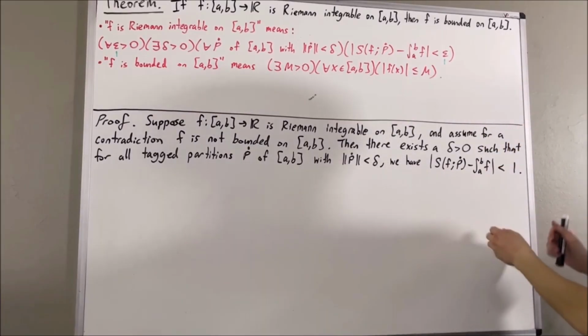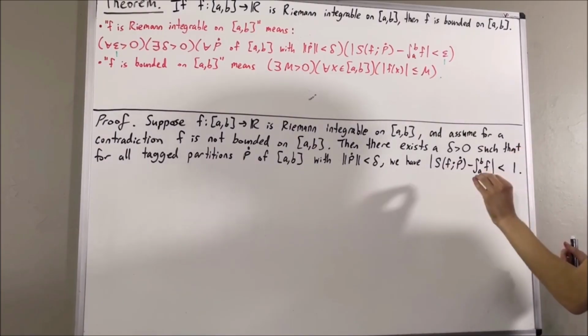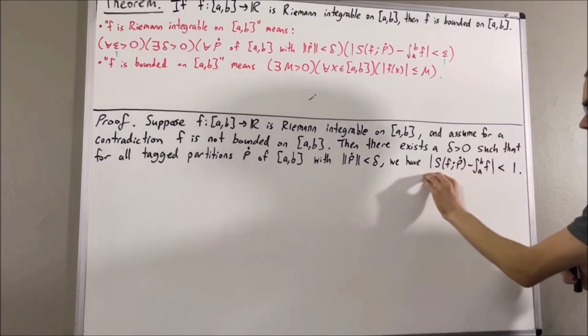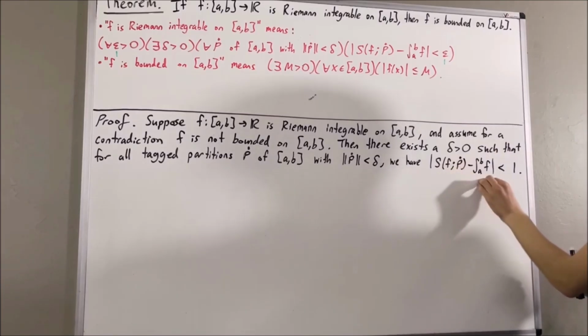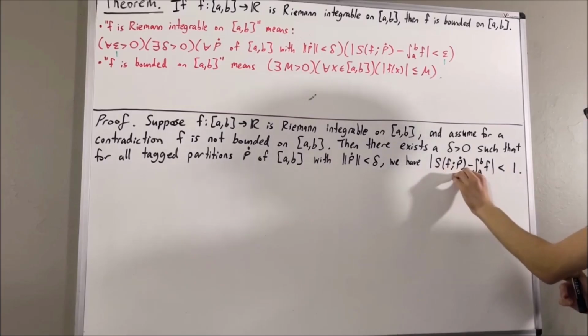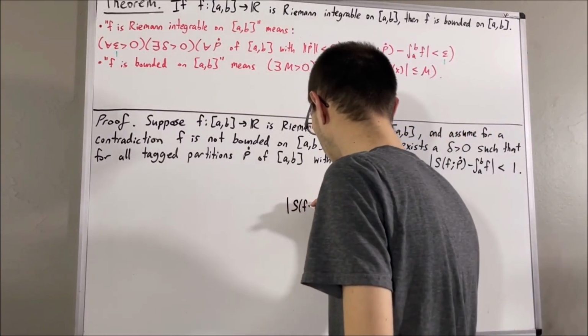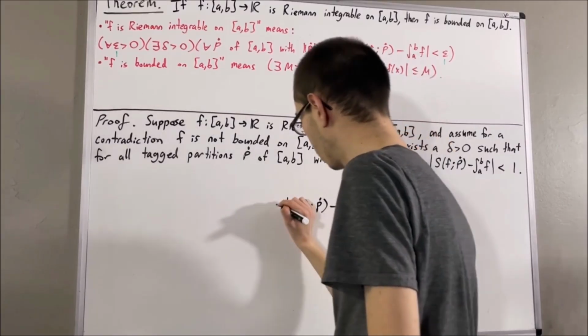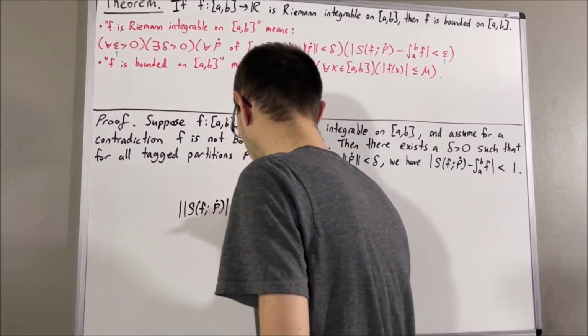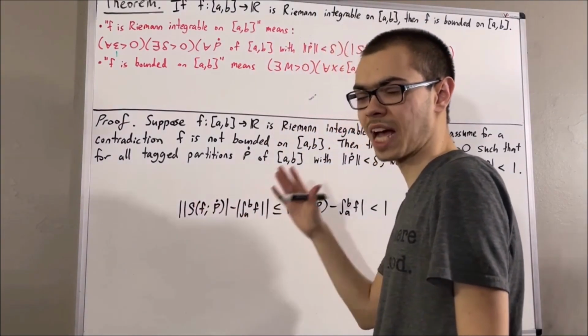But actually, it's going to be nice if we change this up a little bit. We know from the reverse triangle inequality that the absolute value of this quantity is greater than or equal to the absolute value of the Riemann sum minus the absolute value of the integral. But every real number is less than or equal to its absolute value.